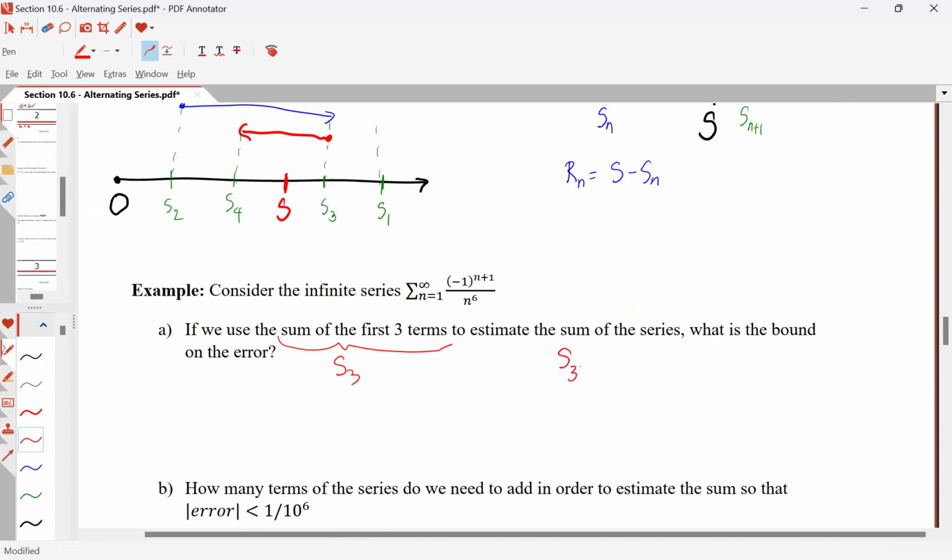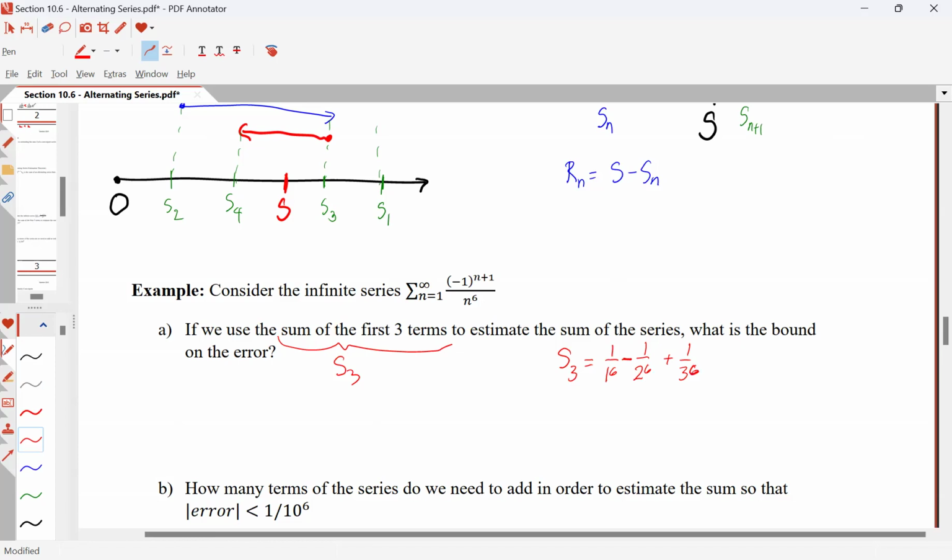I'm not going to calculate it out, but I'm going to write out what it would look like. We'd have 1 over 1 to the 6th minus 1 over 2 to the 6th plus 1 over 3 to the 6th. And we're wondering if I actually found that value, how accurate is it?